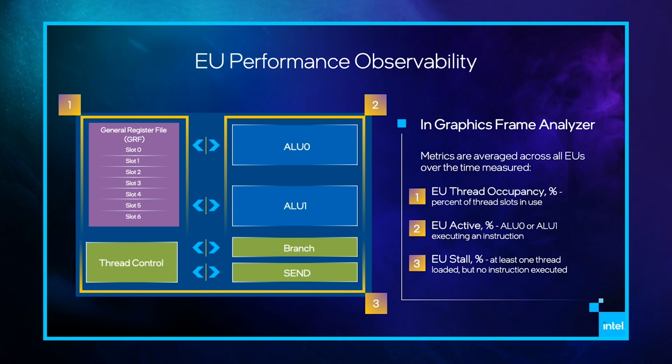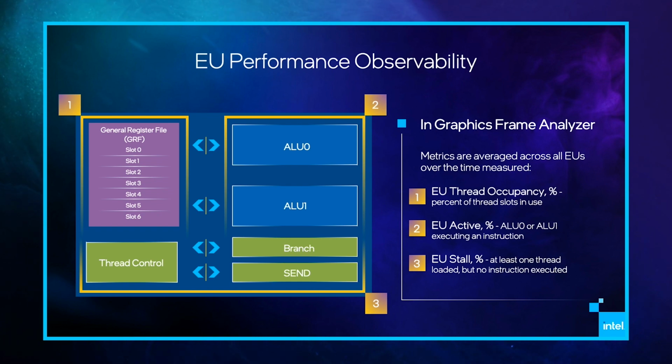Next, EU active. That's the percent of time when ALU0 or ALU1 are executing some instruction. It should be as high as possible, and a low value is caused either by a lot of stalls or the EU being idle. Idle means that there is a period of time when there are no threads loaded on the EU at all.